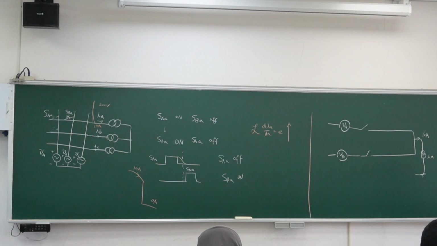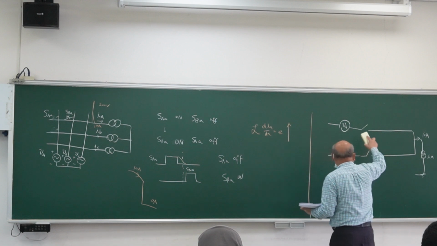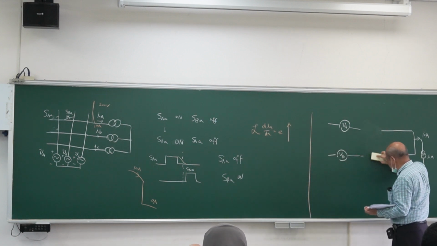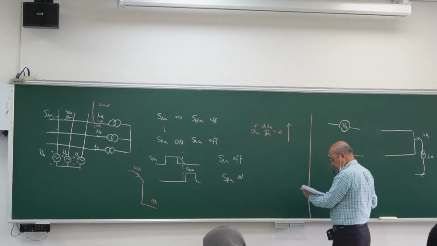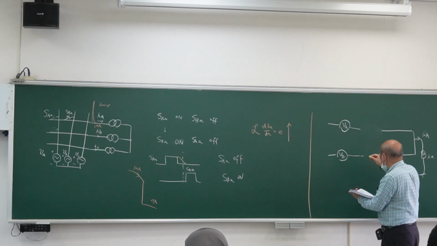So this is our purpose. So what is the switch? You say this is AC switch. What is AC switch? So you have to use a real circuit to realize AC switch. AC switch needs 2 diodes and 2 IGBTs.